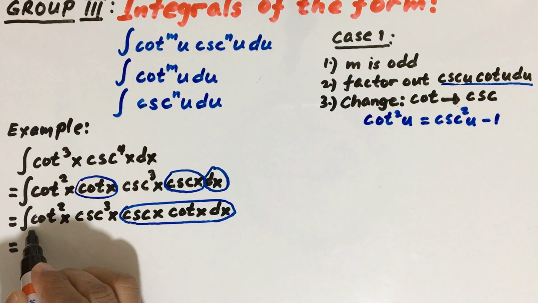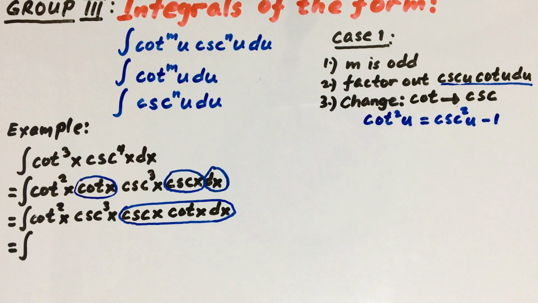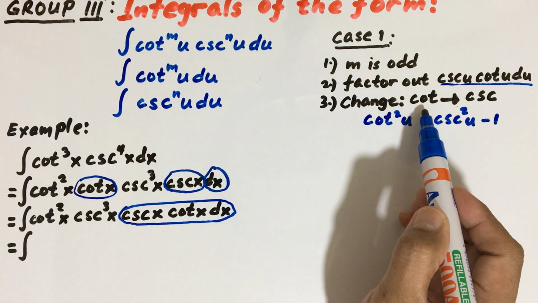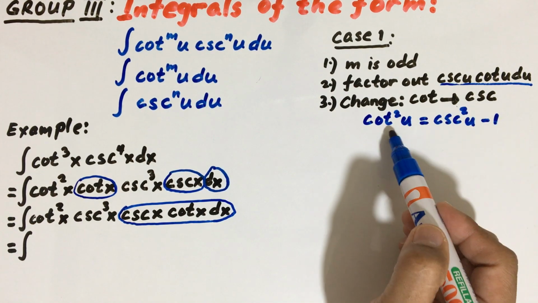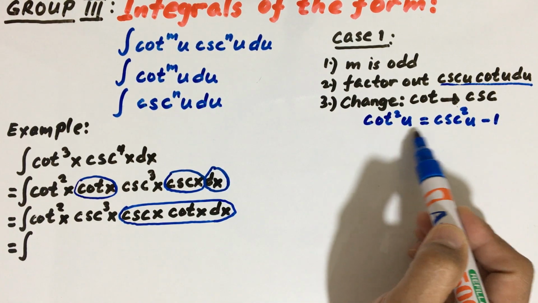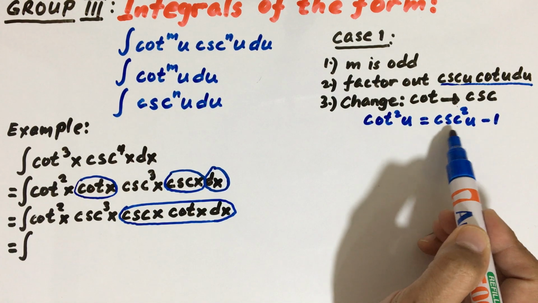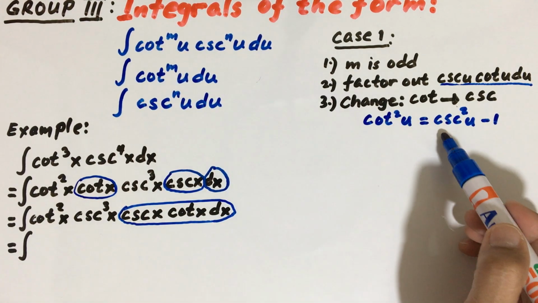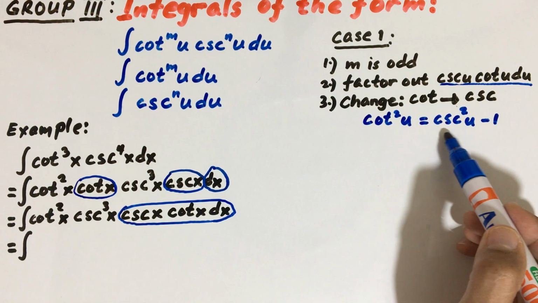So this is equal to the integral of, and the next thing to do is to change the cotangent to cosecant using this identity. Instead of writing cotangent squared, we write its identity.